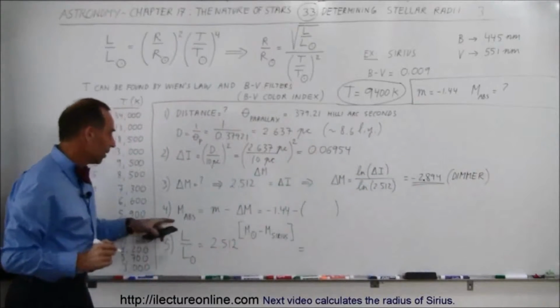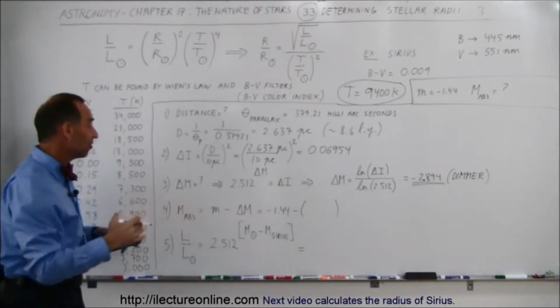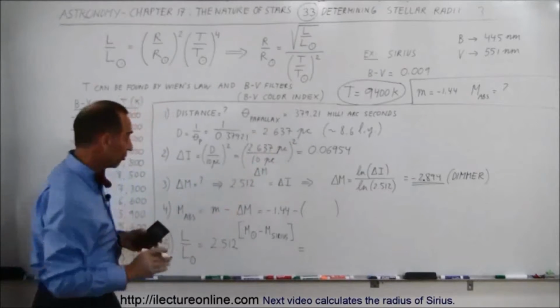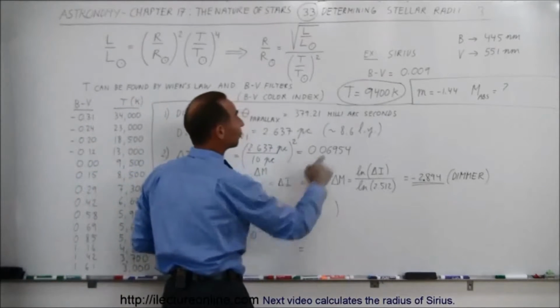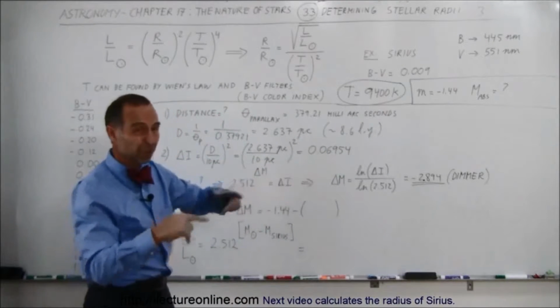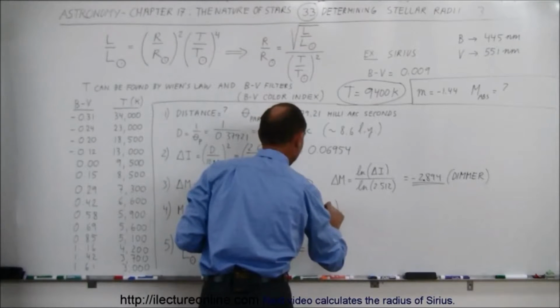Okay, now, so the absolute magnitude of Sirius at 10 parsecs instead of at the normal distance, 2.6 parsecs, is as follows. So we take the minus 1.44 and subtract from that. That's why we have to subtract, because it's a negative number, make it bigger. So subtract from that a minus 2.894.